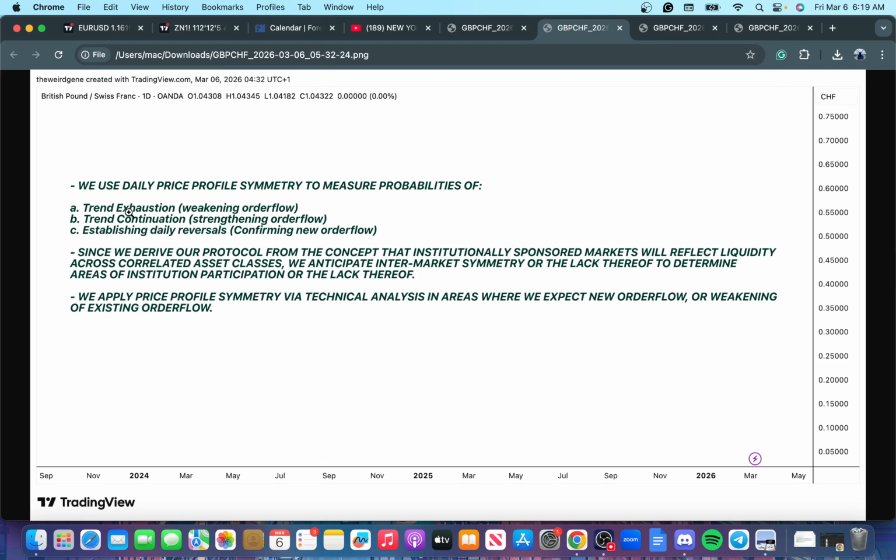Again, we're going to use this concept in combination with other concepts, or signs of continuation, or after we see a potential reversal or quarterly shift in price action, how can we establish that quarterly shift as the actual new trend, right? So these are topics that will be assessed in the subsequent videos, right?